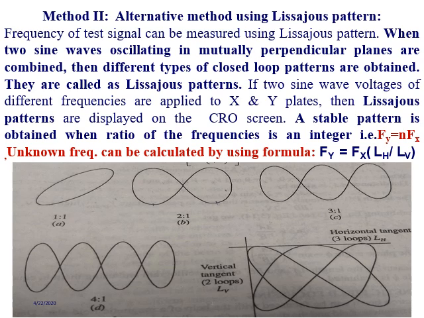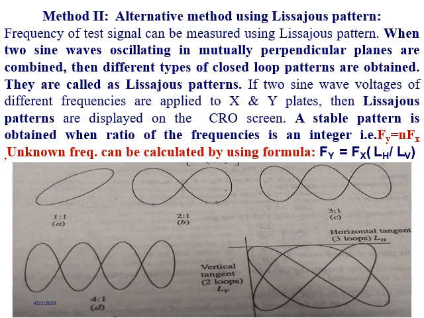So in this method, the unknown frequency signal voltage is given to the y plate, so that its frequency is given by fy. And that fy can be calculated using this formula: fy is equal to fx into LH upon LV.